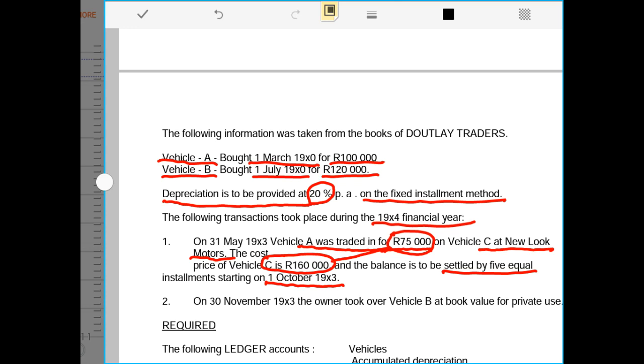If you subtract 75,000 from 160,000 rands, you get 85,000 rands. That means these installments will be made from the 85,000 rands that we owe, because 75,000 rands was the worth of motor vehicle A that was given to New Look Motors, and they gave us motor vehicle C costing 160,000 rands.